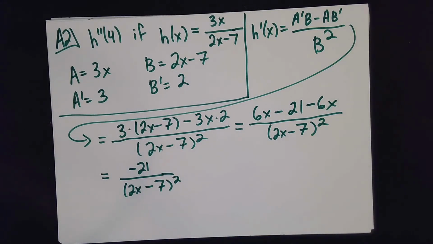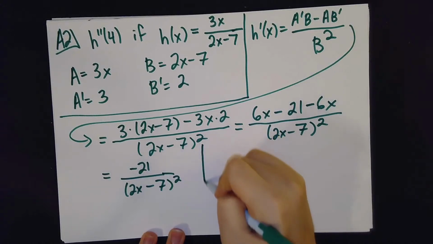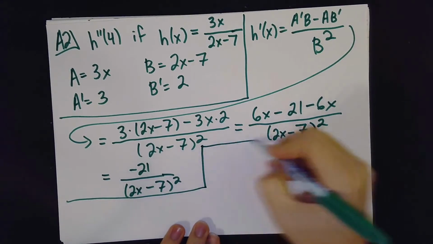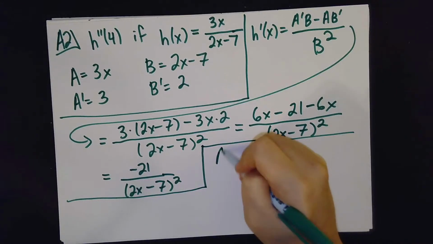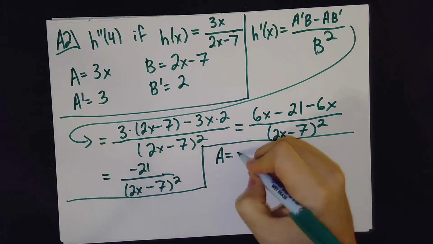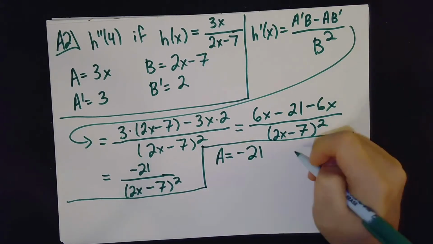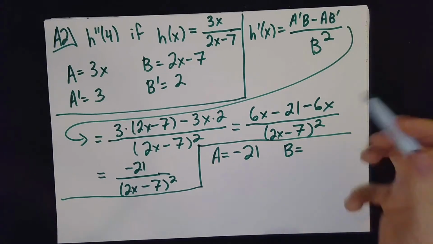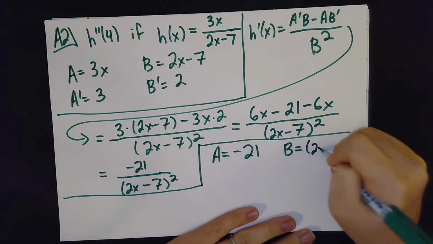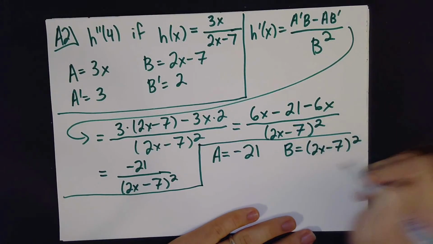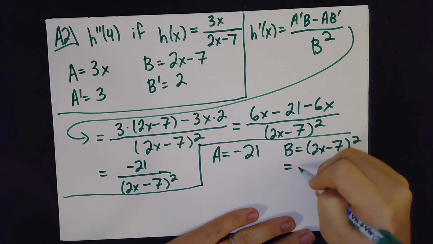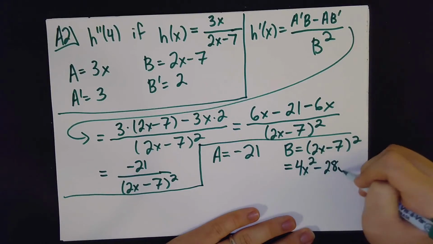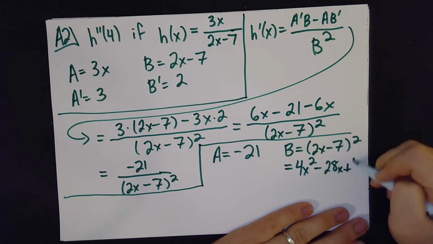Okay. I need to take the derivative of this again, so I'm going to need to use the quotient rule again. When I go to do that, my numerator here is now minus 21. My denominator is (2x minus 7) squared, which is the same thing, now is a good time to note, as 4x squared minus 28x plus 49.